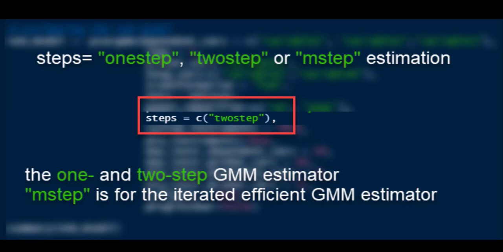M-step is for iteration, the iterated efficient GMM estimator. Of the one step and two steps, the two steps will give better options. And also for this M step you can conduct optimization, and we will see this in the part of optimization in this code.